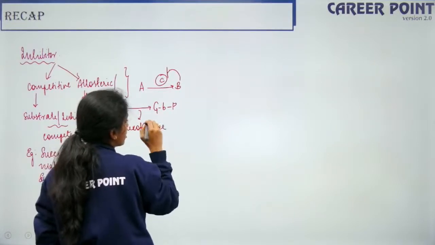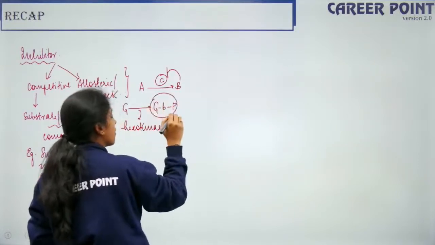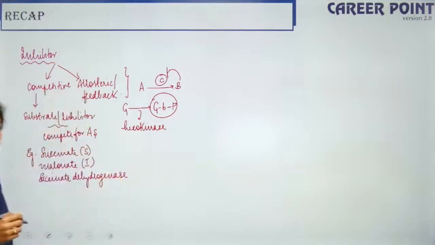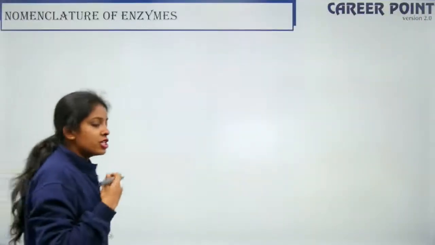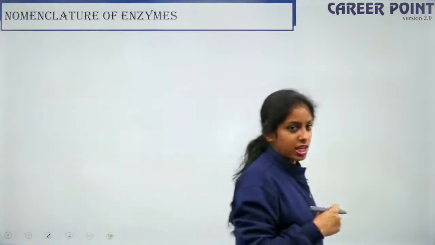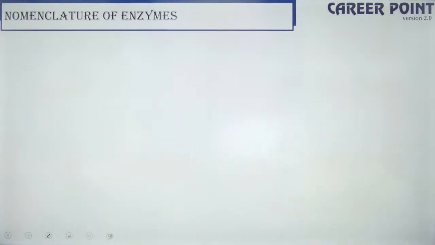When glucose 6-phosphate is more in amount, it can inhibit hexokinase, thus halting the process. Alright, this is what we discussed in the previous lecture. Now moving forward to the nomenclature of enzymes.